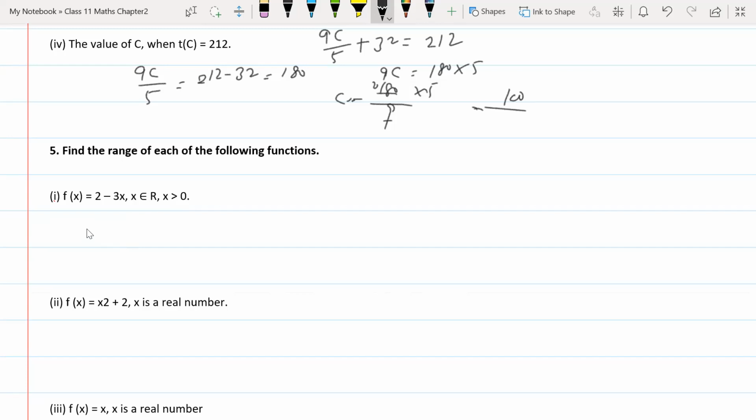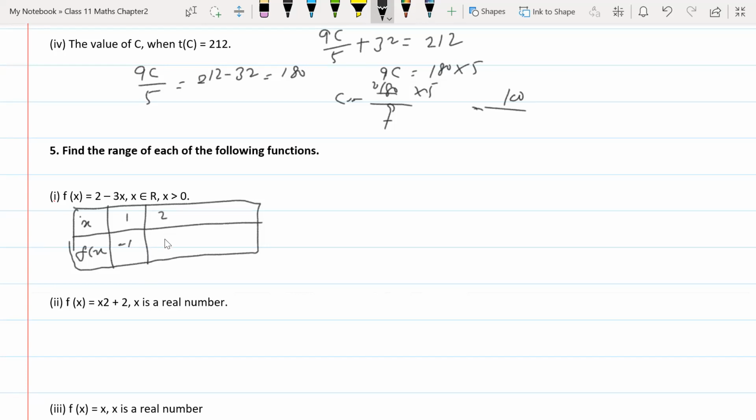Let x be greater than 0, and let us consider values for x and f(x). If x is 1, then it comes out to be minus 1.